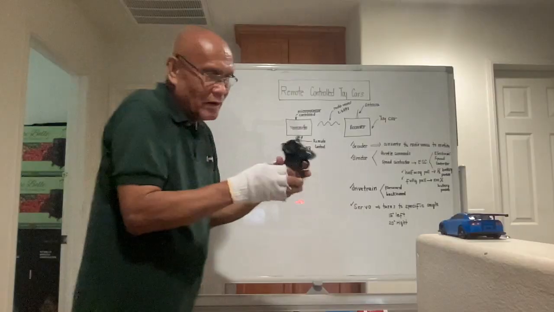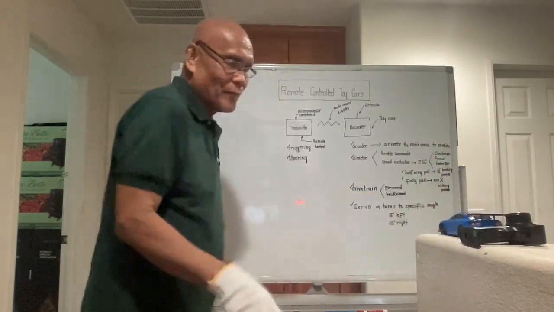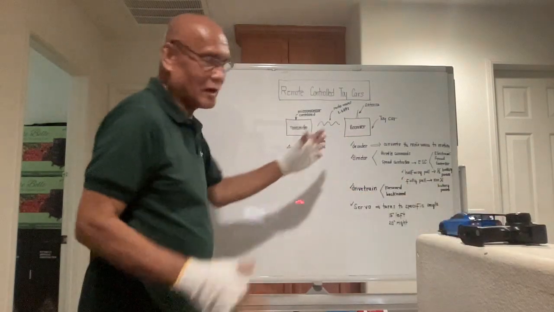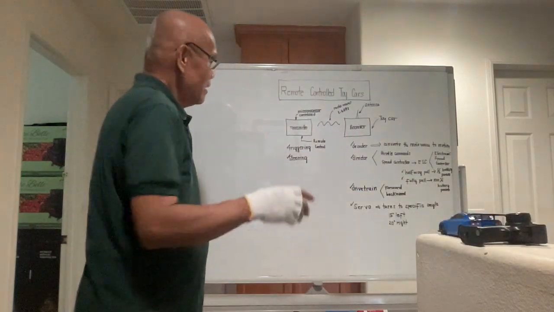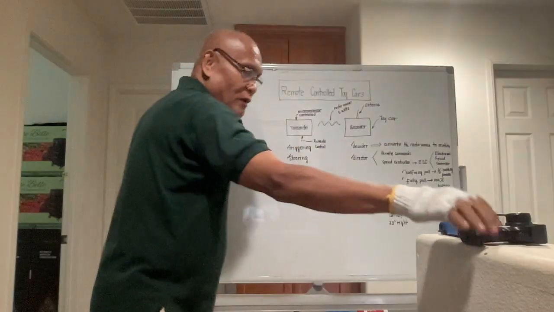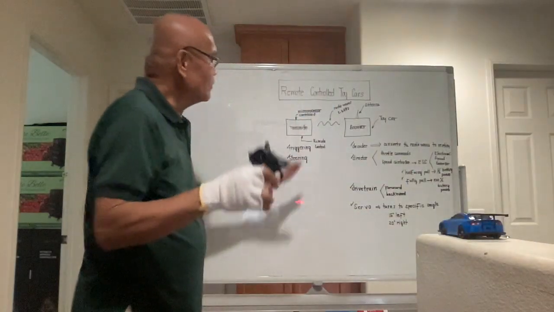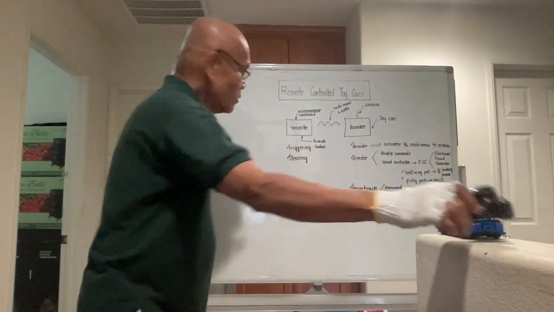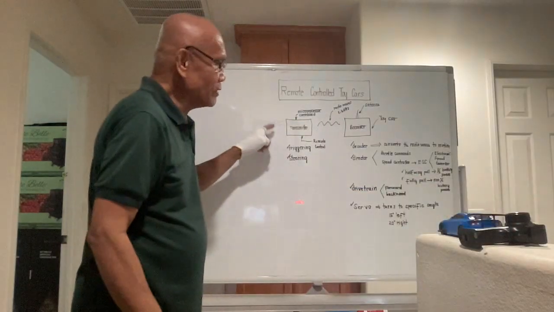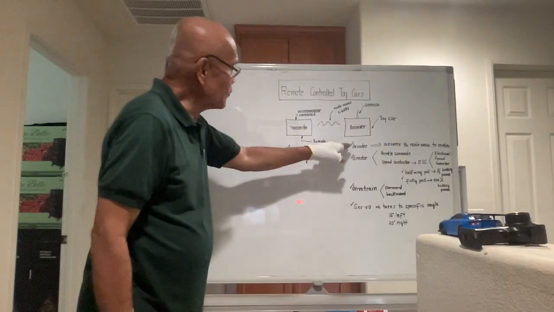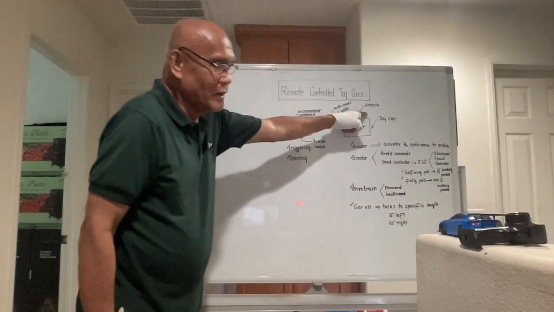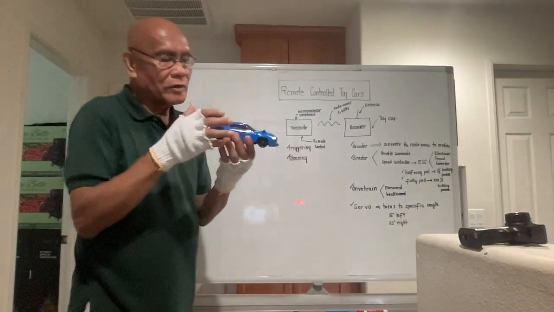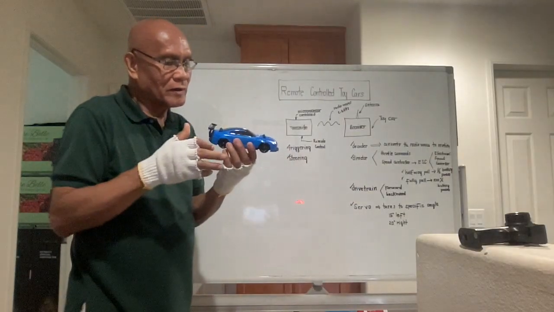And how could these manual buttons communicate with the receiver? As I said a while ago, it's radio waves. This one is emitting a signal, and the frequency is actually 2.4 gigahertz. So if this is the transmitter, for this one to operate, it should have an antenna. But you cannot see any visible antenna here.